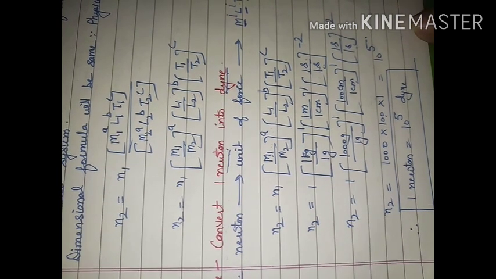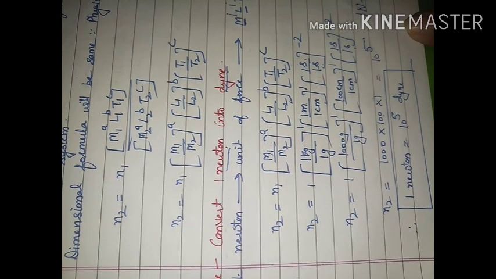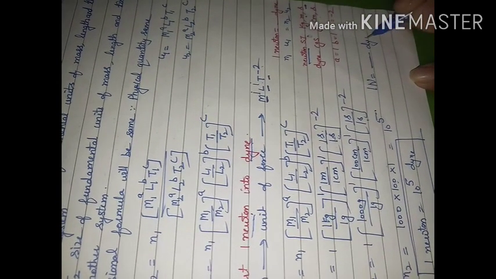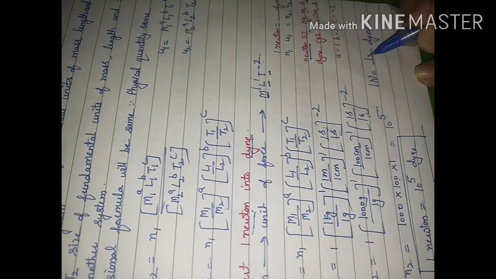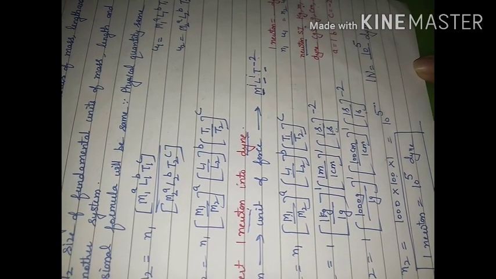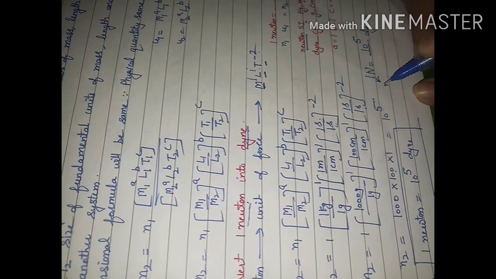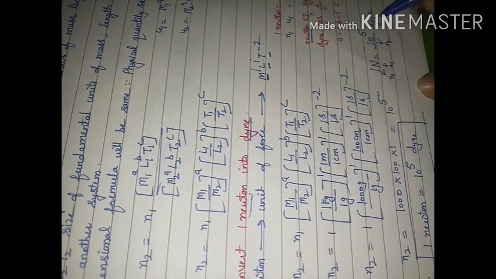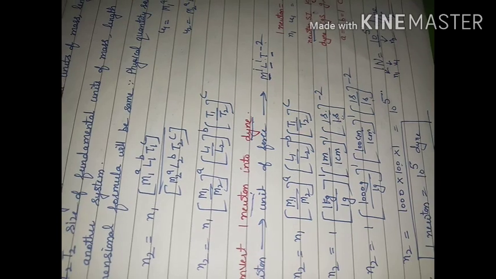It means 1 Newton will be equal to dash. What is this value? This is dyne. So in 1 Newton we will have 10 raised to power 5 dyne. This is representing N1. This is U1. This is representing N2. This is representing U2.